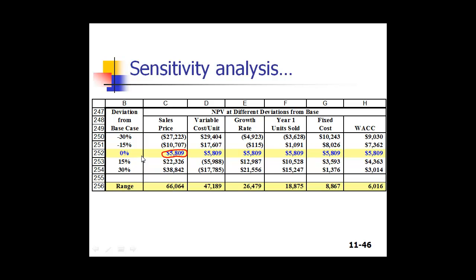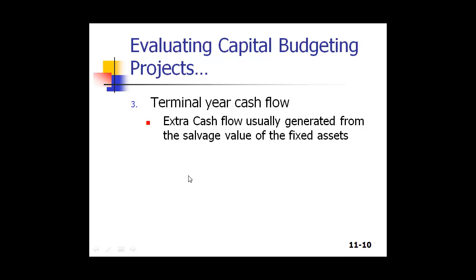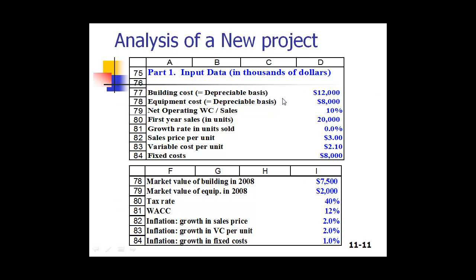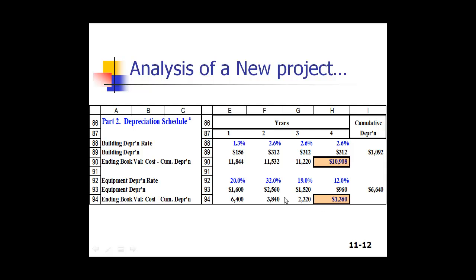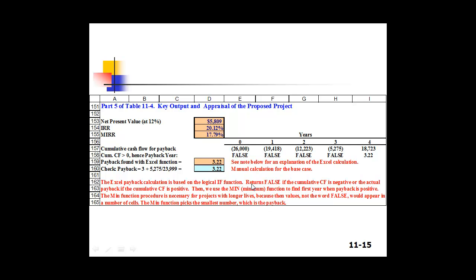Given the assumptions that we made, we had an NPV of this number. And just to refresh your memory, I'm going to very briefly show that. These were the sorts of assumptions that we made, and then we did this whole calculation, and we came up with an NPV of 5809 and positive NPV, a good IRR, so we went forward.